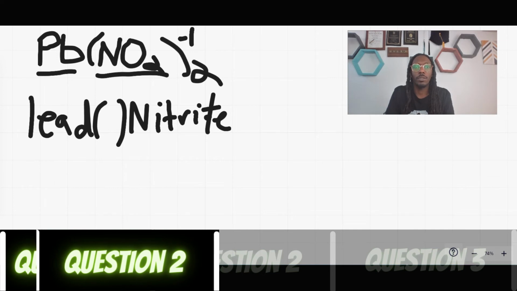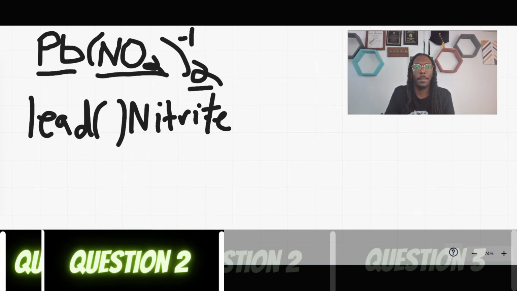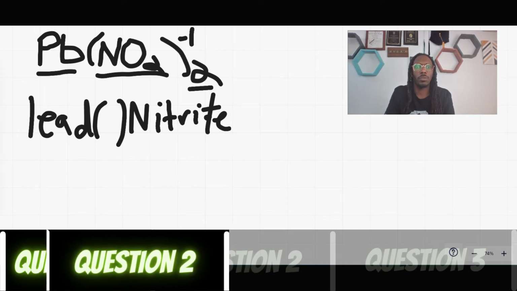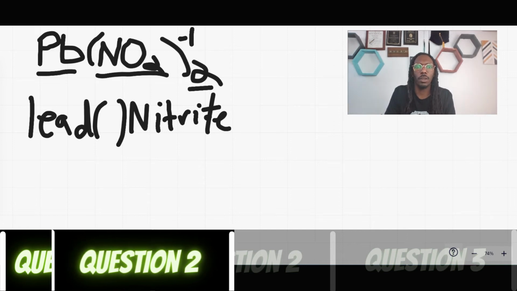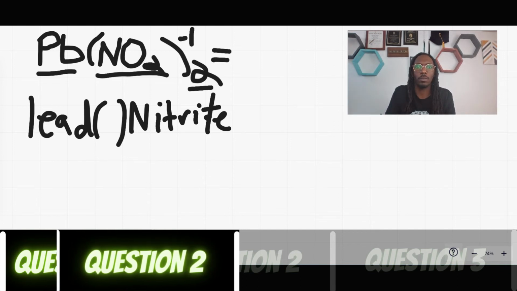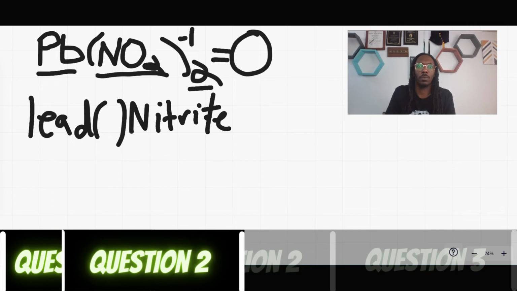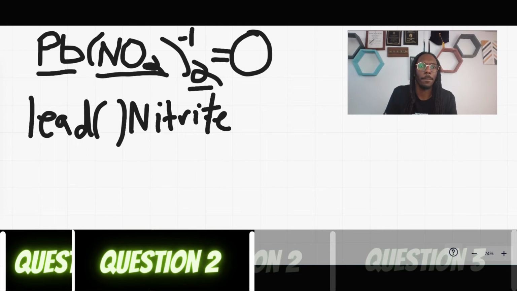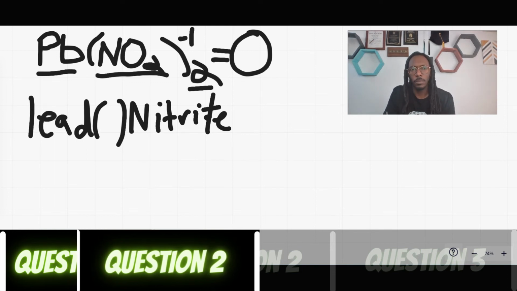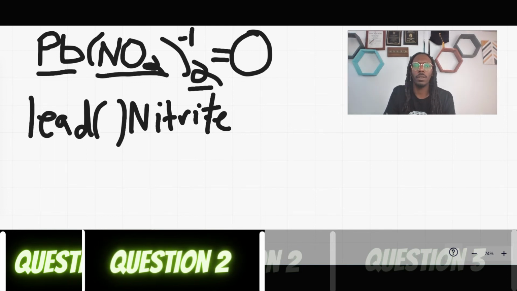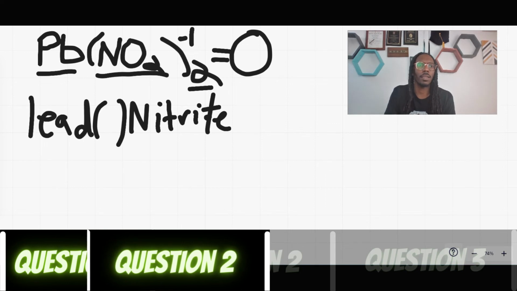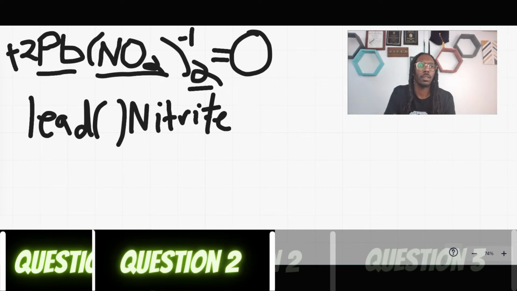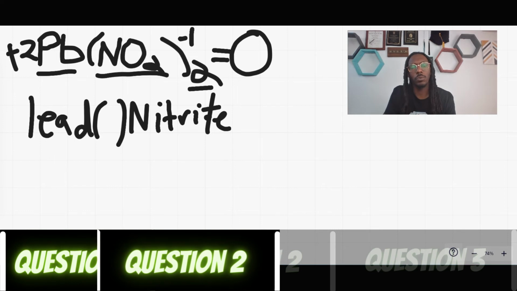Now, because I have two NO2s, what am I looking at total? -2. And we know this is a neutral compound, so it has to equal 0. What's going to get me to 0? My lead has got to be +2. So 2 minus 2, there we go, 0.